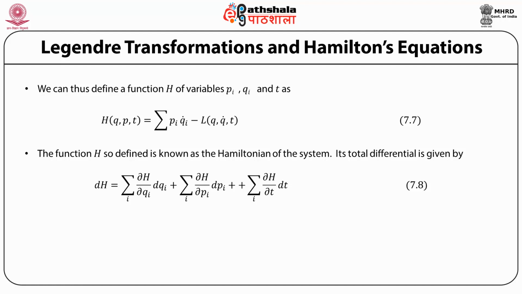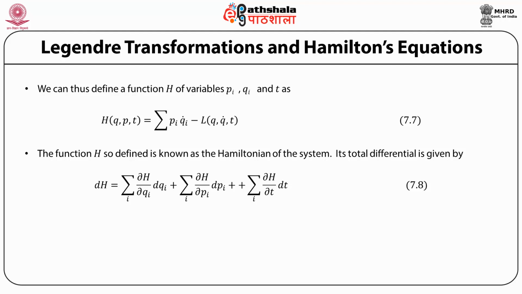We have written q, p, and t for brevity, because q now stands for all the generalized coordinates q1, q2, ..., qn, if there are n generalized coordinates, and p stands for all the conjugate momenta p1, p2, p3, ..., pn.